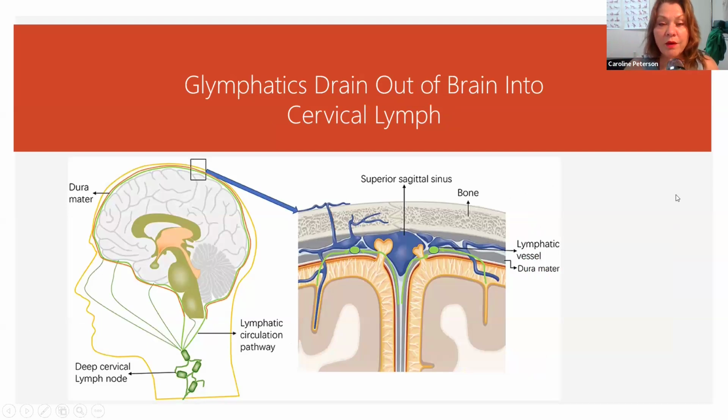So when they're done with the wash, they're following the veins out.